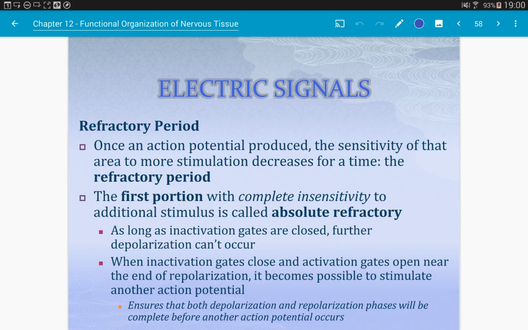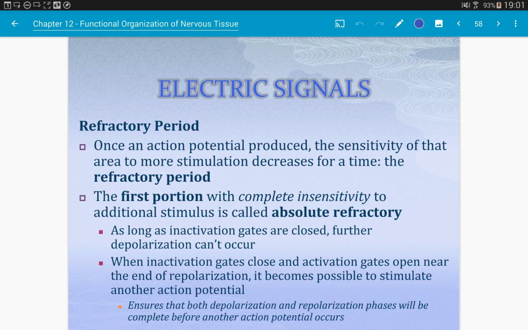Okay, then there is also what's called the refractory period. And so if a cell is able to generate an action potential, which remember, action potentials have the ability to travel large distances across your body. Remember, they can go long distances. Graded potentials are localized.